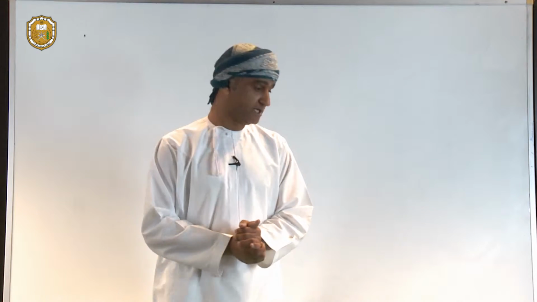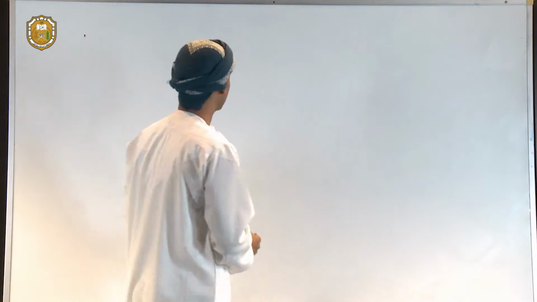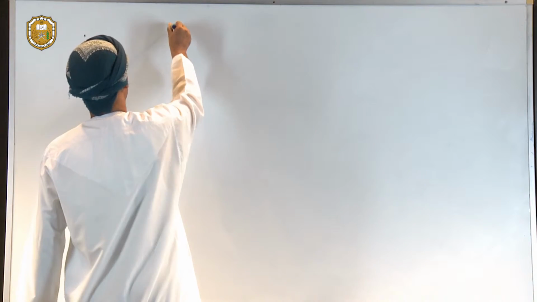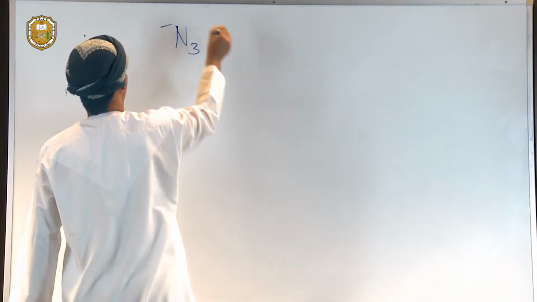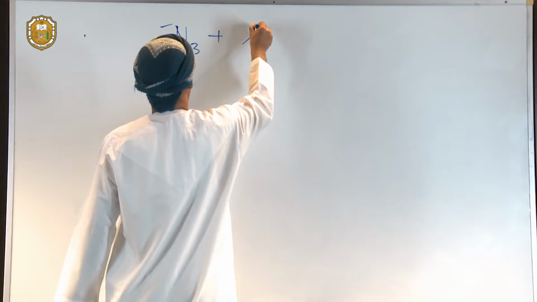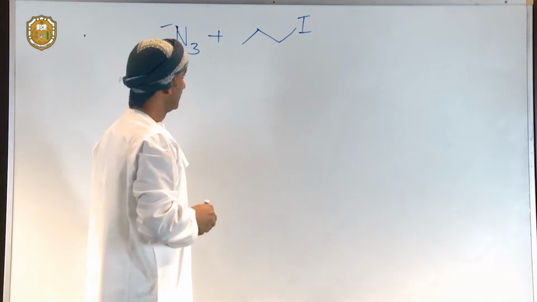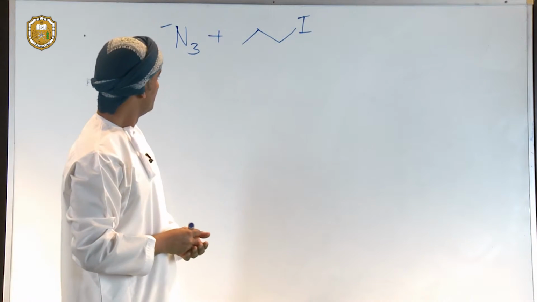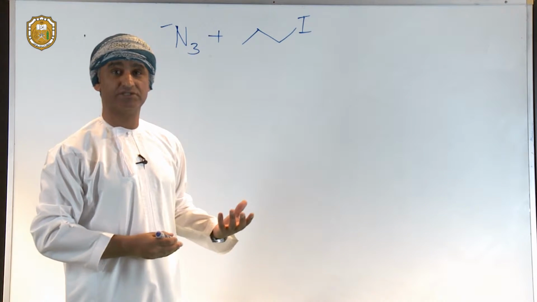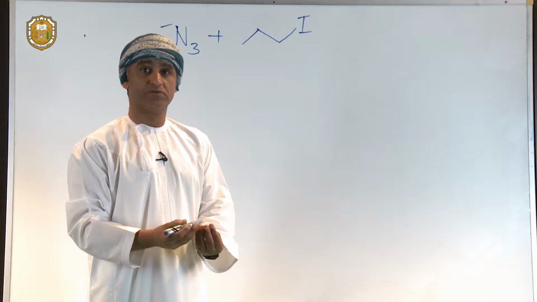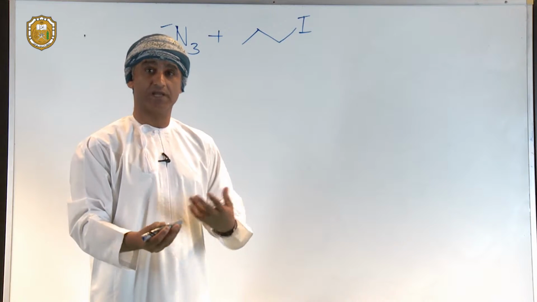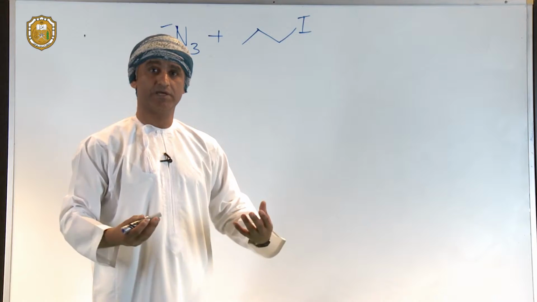Let's take, for example, a reaction between the azide ion and this alkyl iodide. Why do these reactants react with each other? When you mix these two, they bump into each other, they collide. But why do they react?